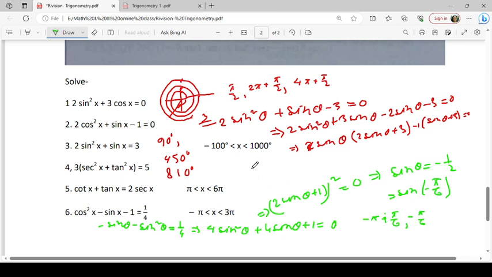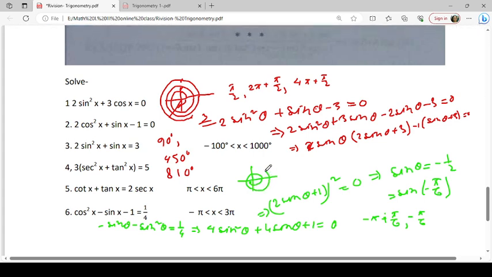If we see these angles, it starts from here, so minus pi, then this is pi, and this is 3 pi, twice pi, thrice pi.